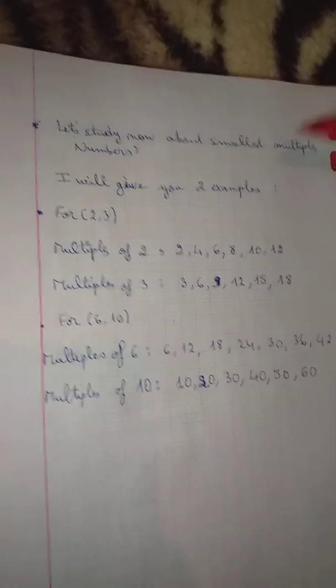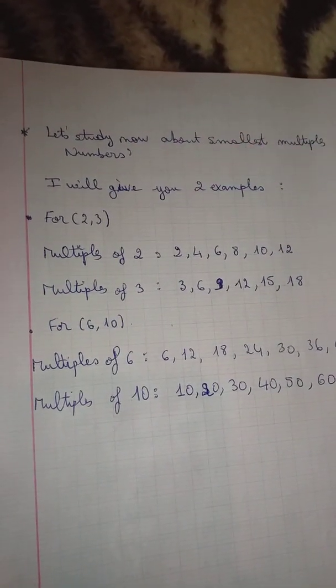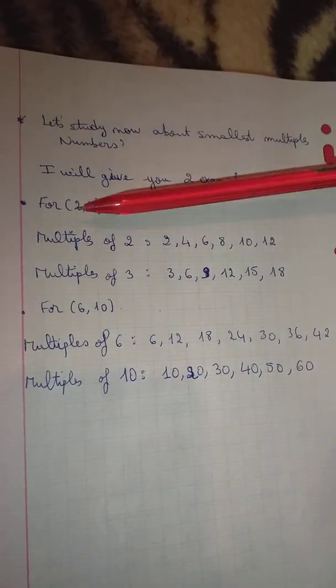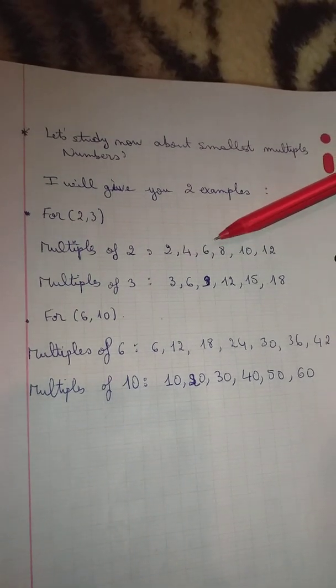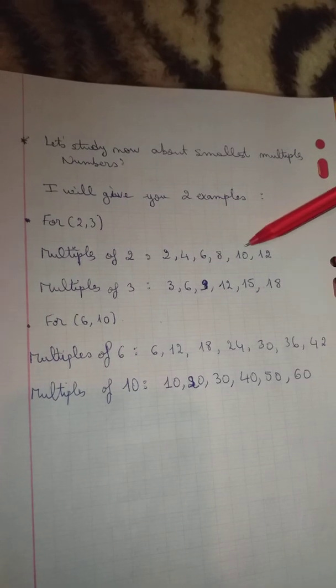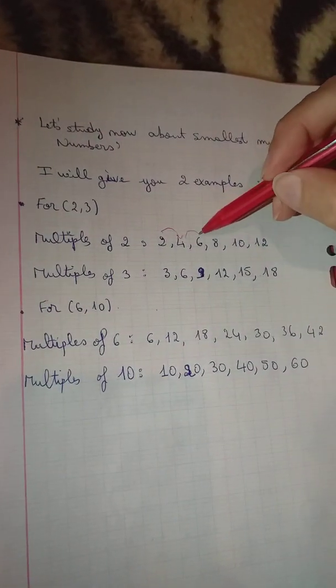And now let's talk a little bit about the smallest multiple numbers. I will give you 2 examples. The first example is 2 and 3. The multiples of 2 are 2, 4, 6, 8, 10, 12. So we are going 2 by 2.